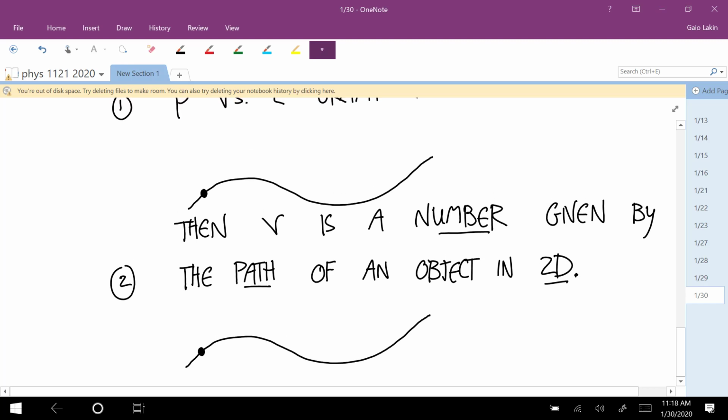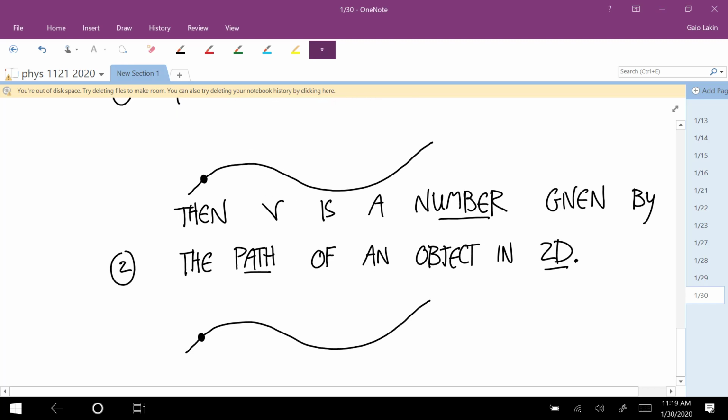Okay. So in the case that you're dealing with motion along a line or one-dimensional motion, this is a position versus time graph, and this entirely lives in math world. Okay, it's a graph. It's not showing anything about what the object actually does. The object's just going back and forth along the line.